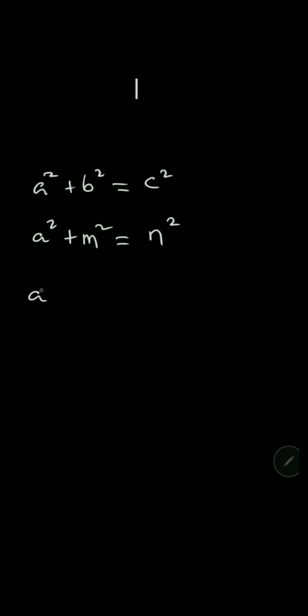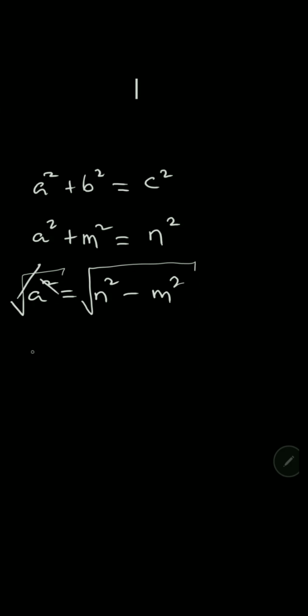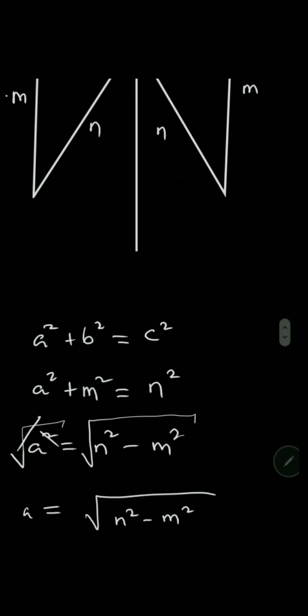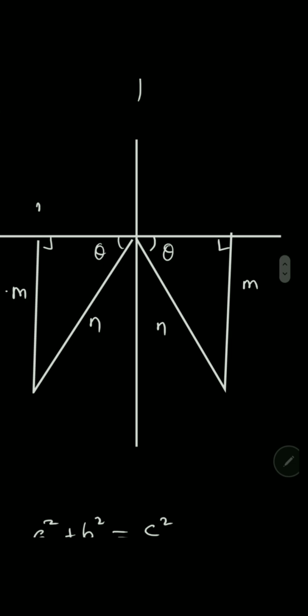Now we don't know what the adjacent is, which is represented by a, so a squared will be equal to n squared minus m squared. So we'll square root both sides, and since this is distance, we want the positive value, so the square goes. Our adjacent is therefore the root of n squared minus m squared. So we'll do substitution on these unknown sides. We now know what it is, and this is the root of n squared minus m squared.